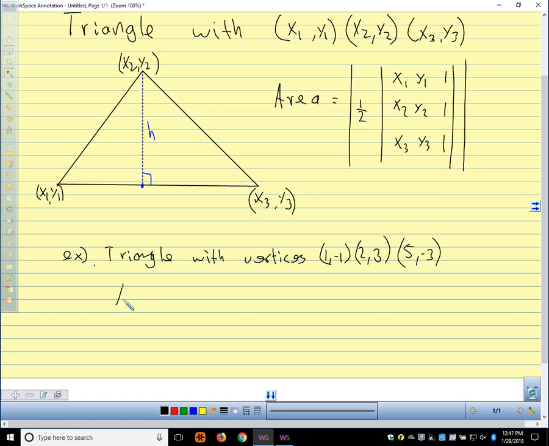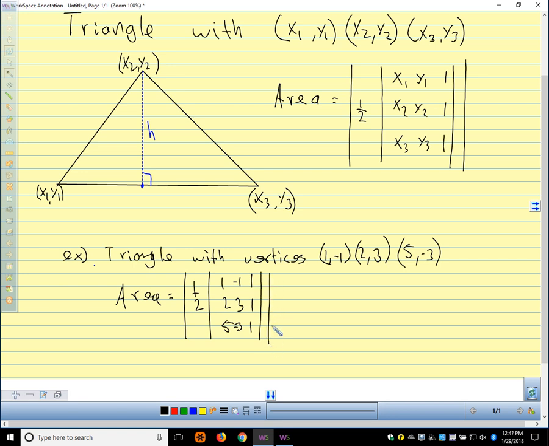The area is going to be 1/2. Take the absolute value. We're going to take the determinant of this matrix: 1, -1, 1, 2, 3, 1, 5, -3, 1.